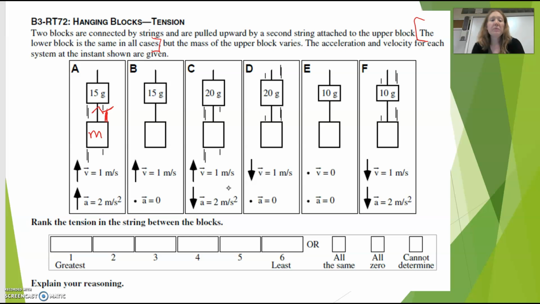For instance, for case A, if we're drawing a free body diagram of just the bottom block, then we would have acceleration upward. So we know that Fg down is smaller than the force of tension up, okay?